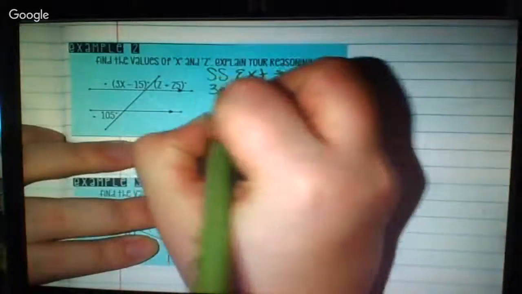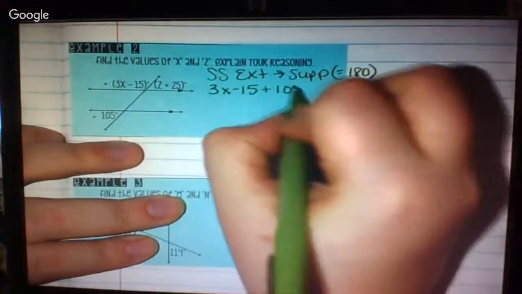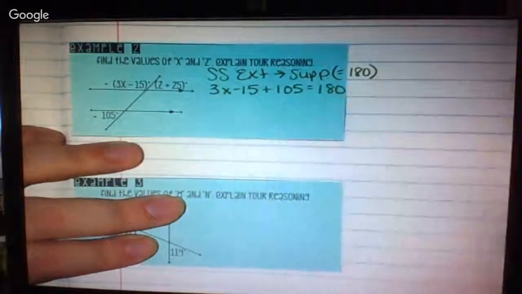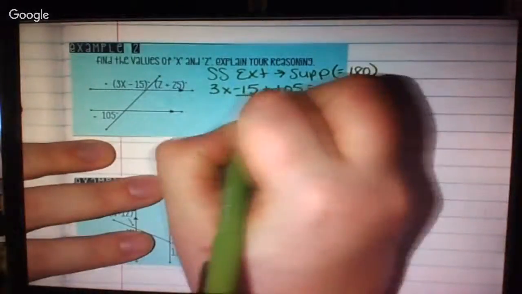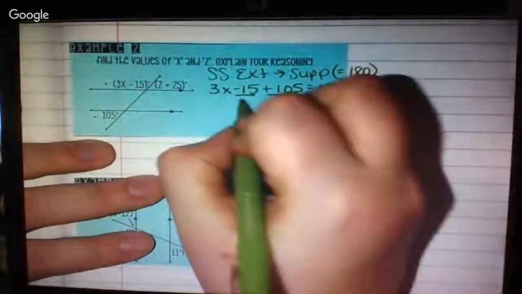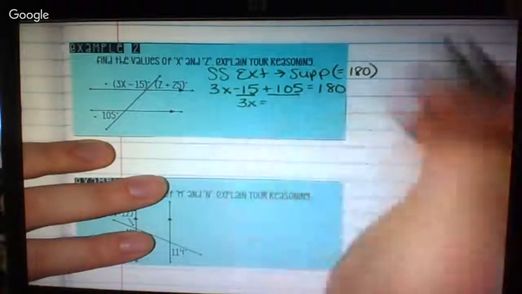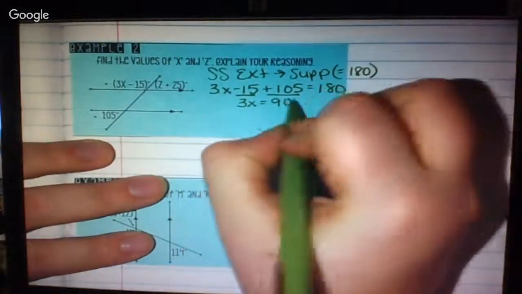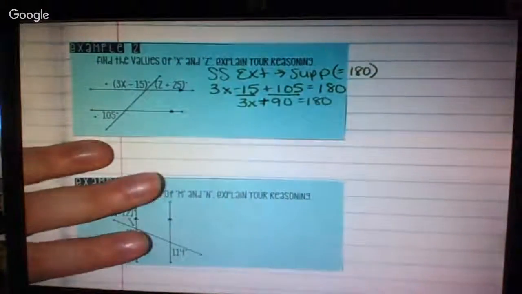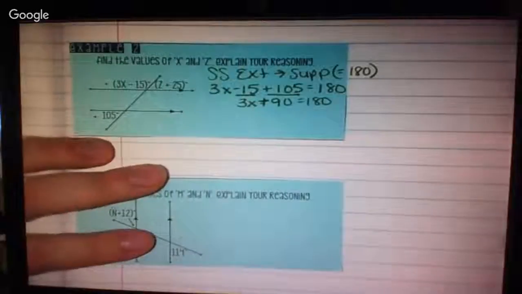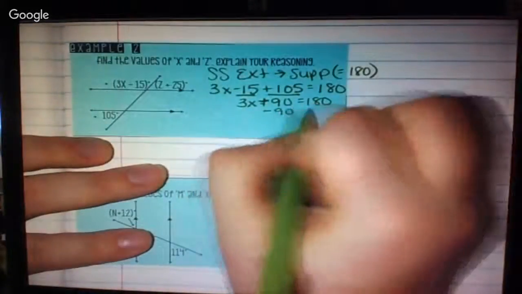So 3x minus 15 plus 105 equals 180. Combine your like terms. So I've got negative 15 and positive 105. So 90 plus 3x equals 180. Subtract your 90.